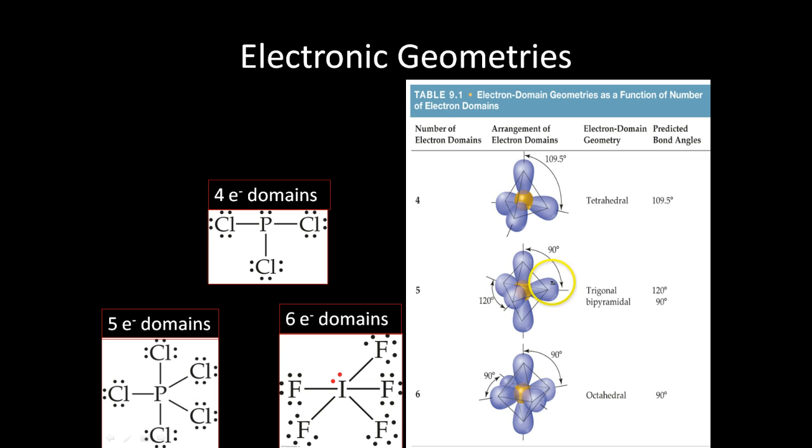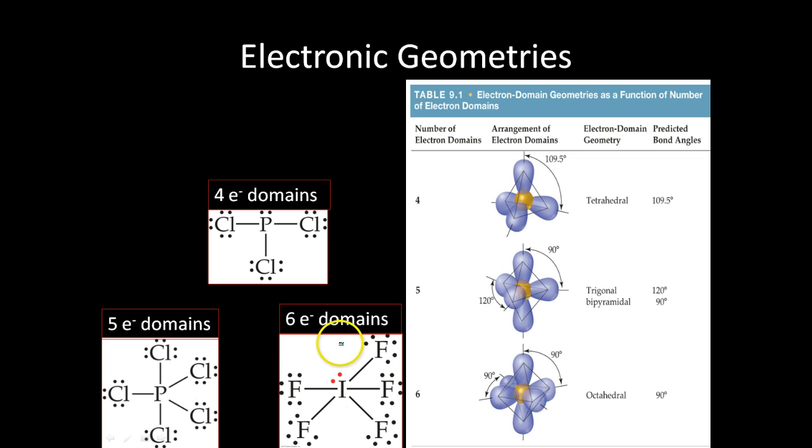So these 3 here, here, and here are all 120 apart, all the way in that plane, and then you've got a 90-degree angle from electron domain to electron domain shown here, and again a 90-degree angle from here to here, or from this back guy down to here. Those are all at 90 degrees. And so those are the predicted, they say bond angles, but these are not necessarily bonds.